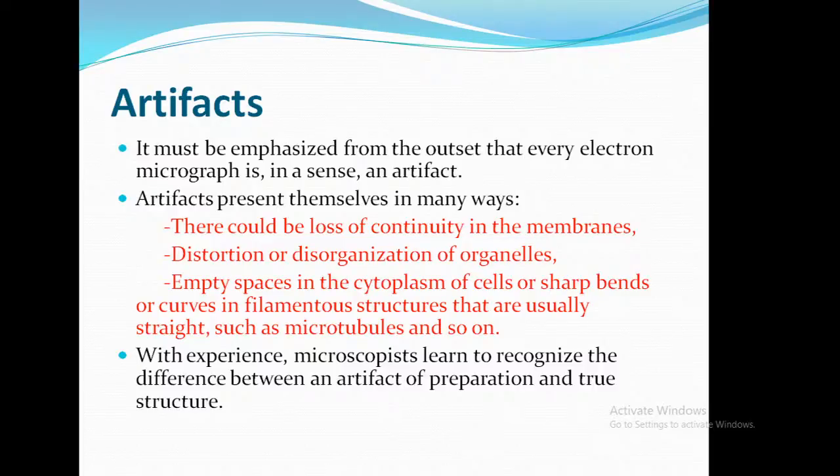With experience, a microscopist learns to recognize the difference between the artifacts of preparation and the true structure. So an artifact is nothing but a false feature in the image of our specimen or sample.